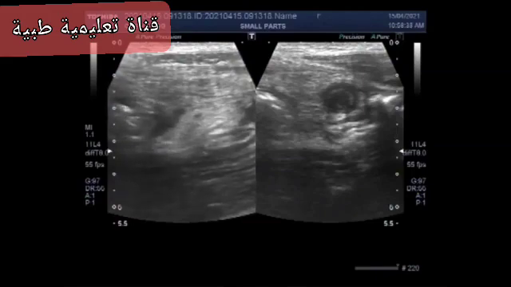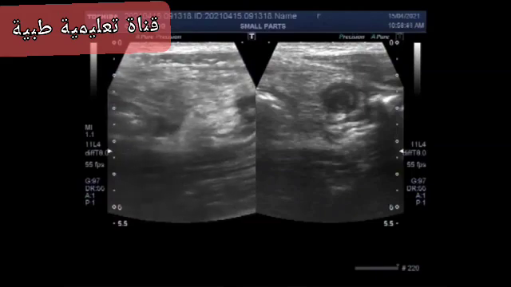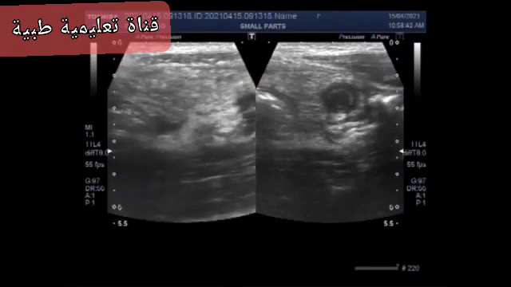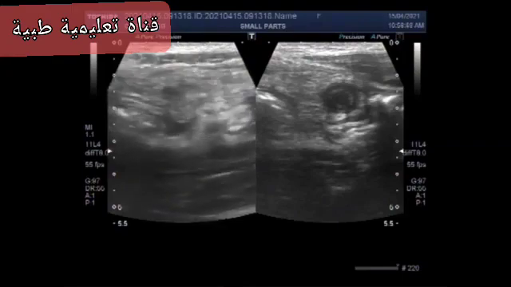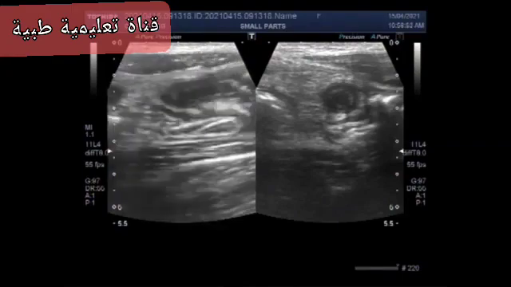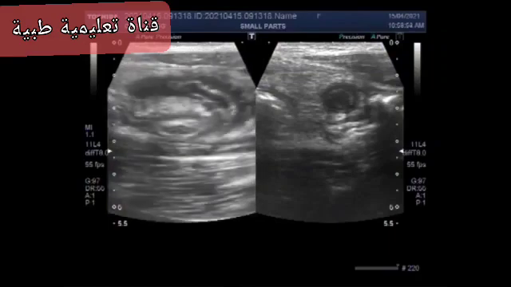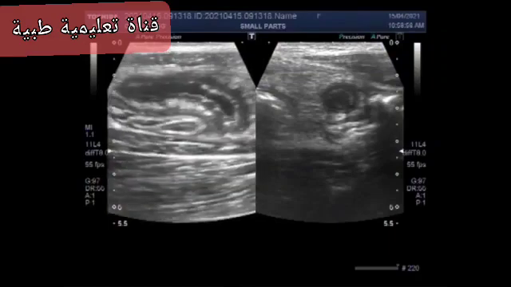On the right side of this picture, you can see the appendix on the cross-sectional scan as a concentric circle. But on the left-hand side of the picture, you can see the whole length of the appendix.